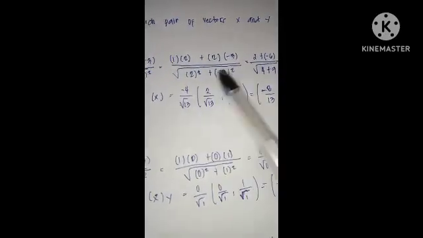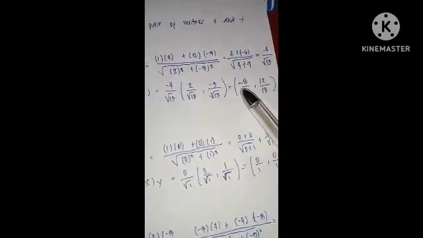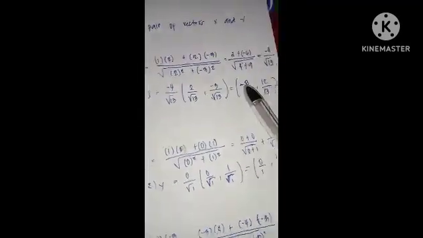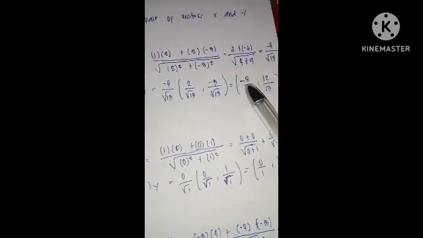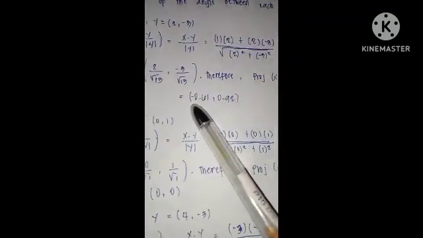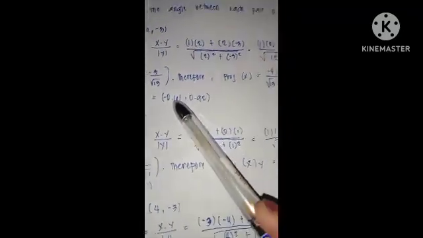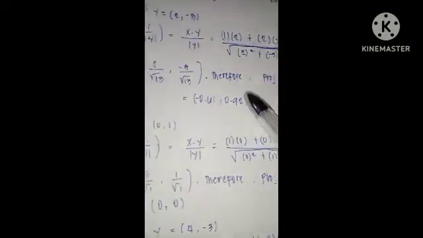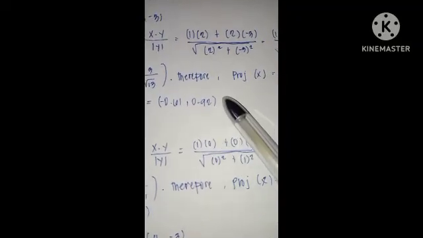Negative 4 times 2 is negative 8. Negative 4 times negative 3 is positive 12. So negative 8 divided by 13 is negative 0.61, and 12 over 13 is 0.92.